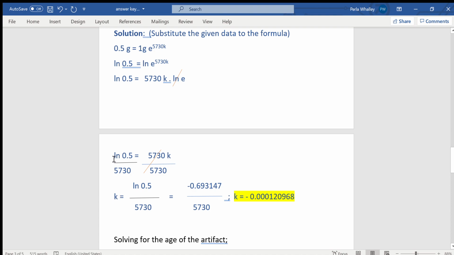And then ln 0.5 over 5730. We can also rewrite this with K on the other side. Remember, you could rewrite this as ln 0.5 over 5730 equal to K.